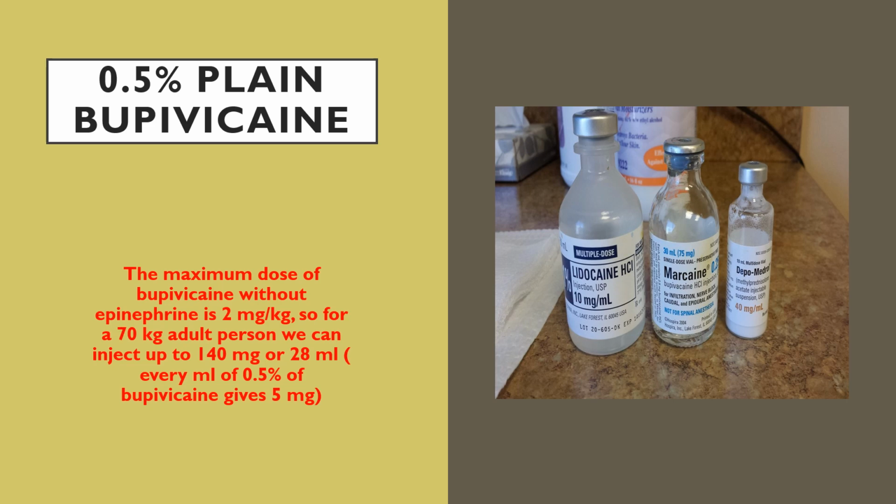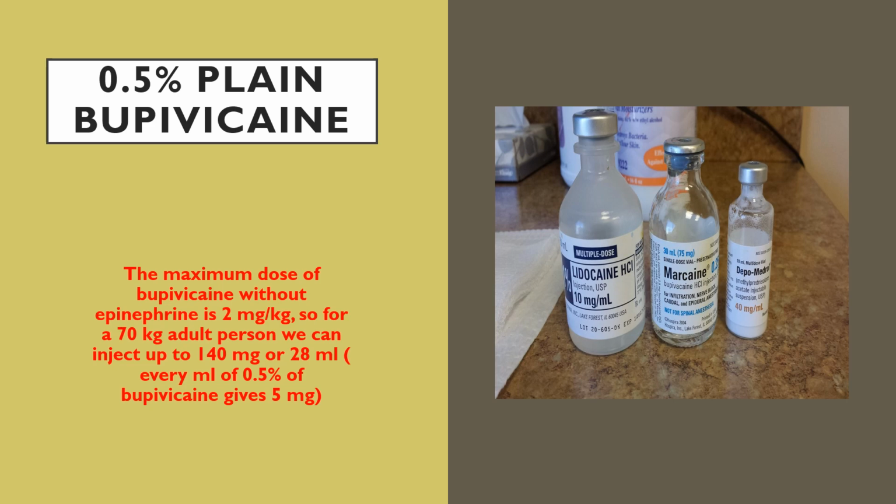Because every ml of 0.5% marcaine or bupivacaine gives 5 milligram, it is 28 ml. 28 ml times 5 is 140. So 28 ml of 0.5% bupivacaine without epinephrine is the maximum dose we can give to a 70 kilogram adult. You can change the calculation depending on the weight of the patient in kilograms, and also the percentage of the local anesthesia.